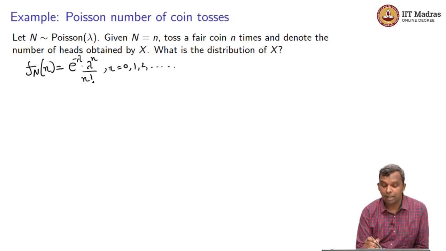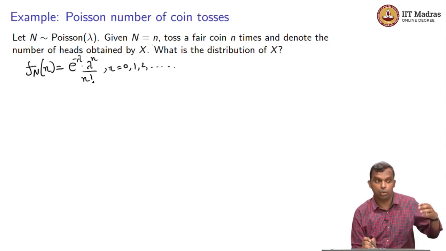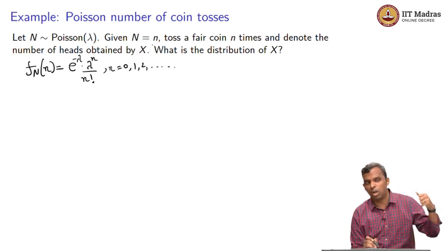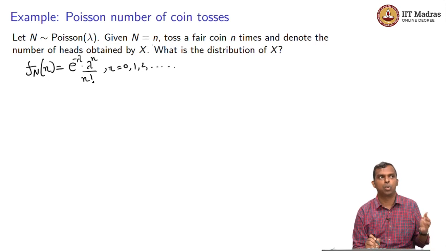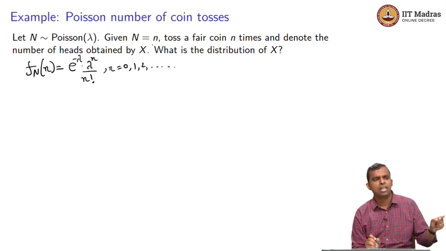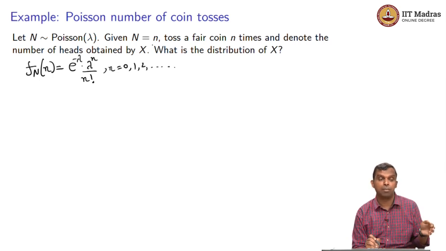So given that the capital N is n, as in you sampled the Poisson process and you got a Poisson random variable. Given that the Poisson random variable N took a value small n, you toss a coin n times. Previously you just threw a die, it was just 1 to 6 and saw the number that you got, and then you toss the coin that many times. Now I'm not throwing a die, somebody is giving me a Poisson distributed random variable.